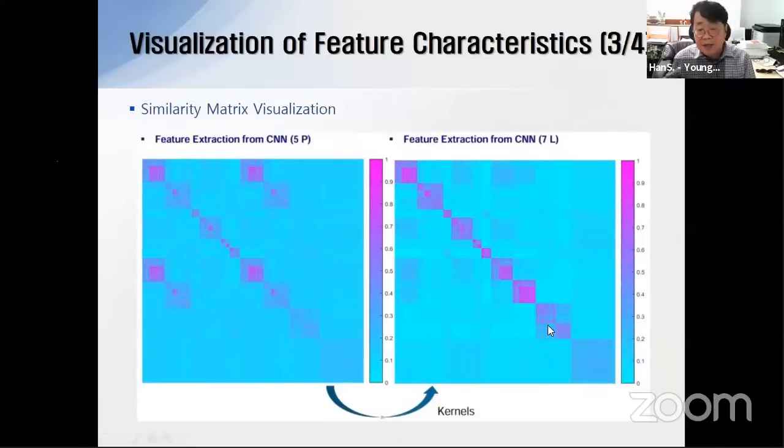So in this case, the feature extraction from the CNN, the 7th fully connected layer, you can see the boundary of each object class. So this one is the first category, the second category, and the third, fourth, something like that. So when we use the features extracted from the CNN, then we can more effectively identify the object class.